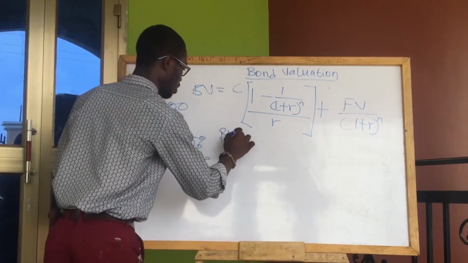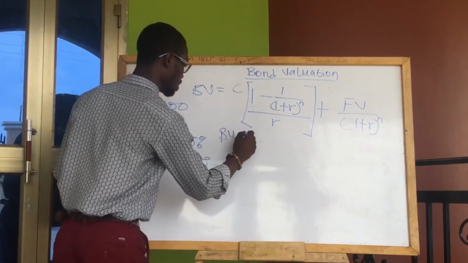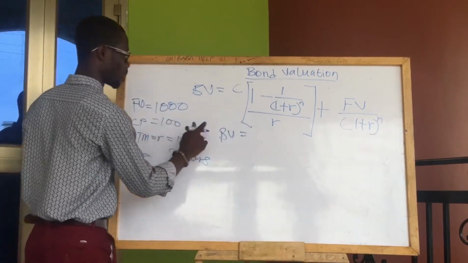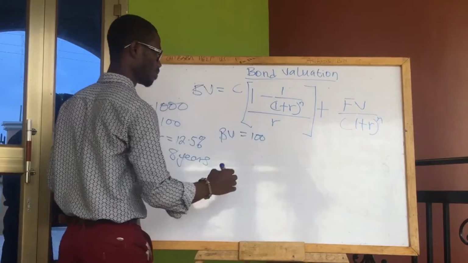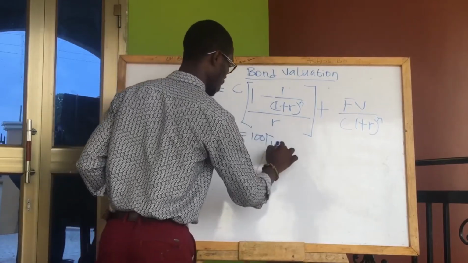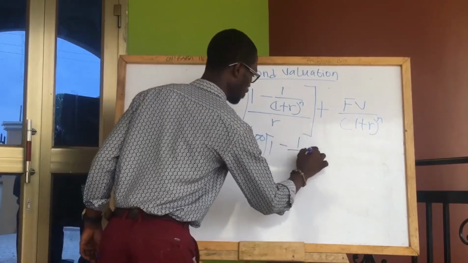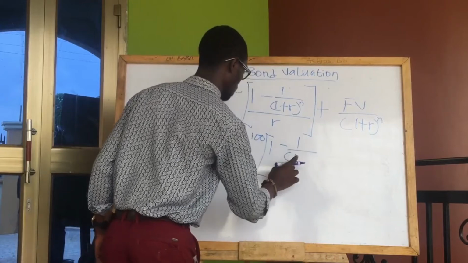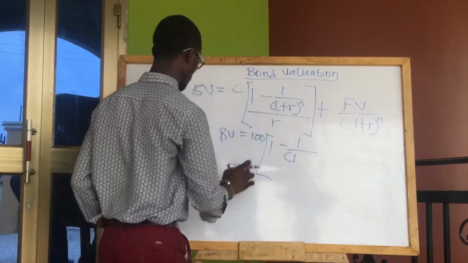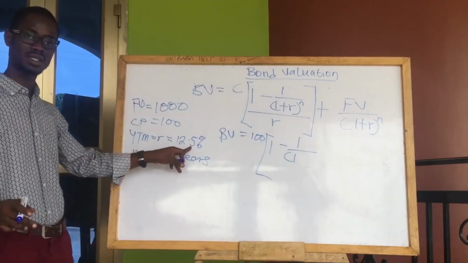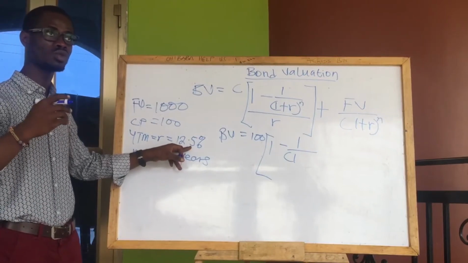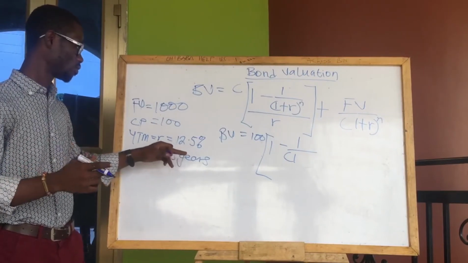Now, the bond value is equal to 100 cedis into brackets 1 minus 1 divided by 1 plus R. Now R is 12.5%, that is 0.125.